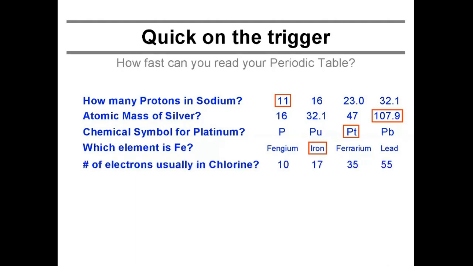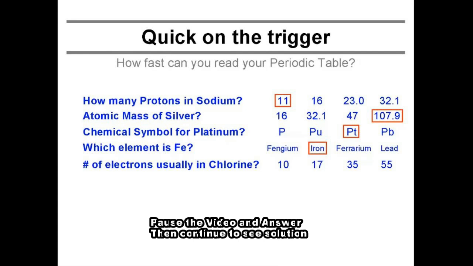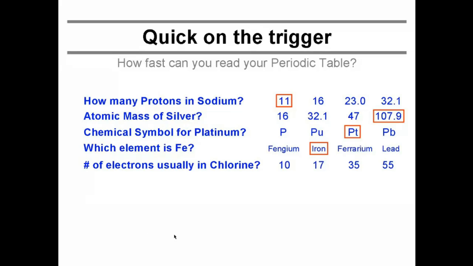How many electrons are usually surrounding the chlorine nucleus? Okay, I need to find chlorine and give me the answer here. Shouldn't be too hard. Remember, what does the atomic number tell us?